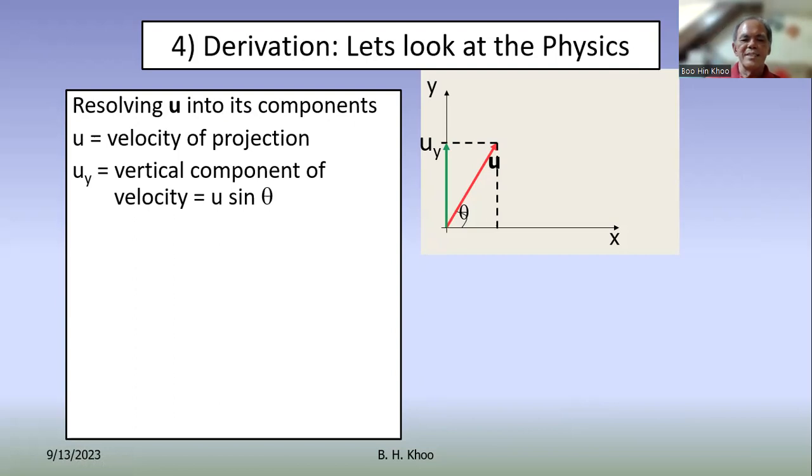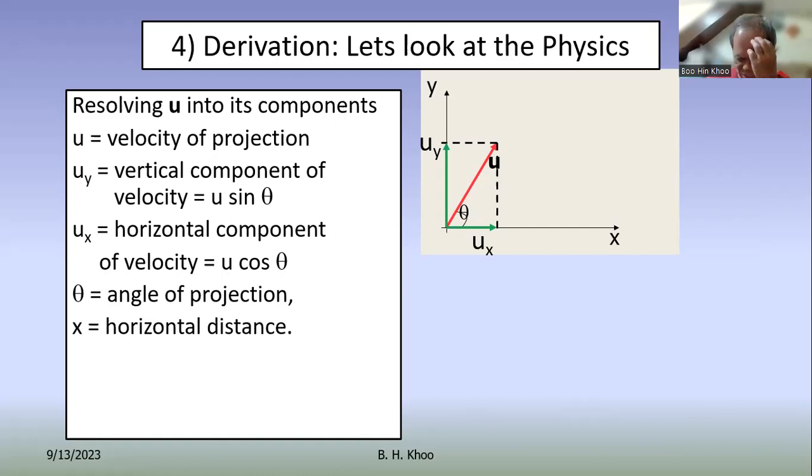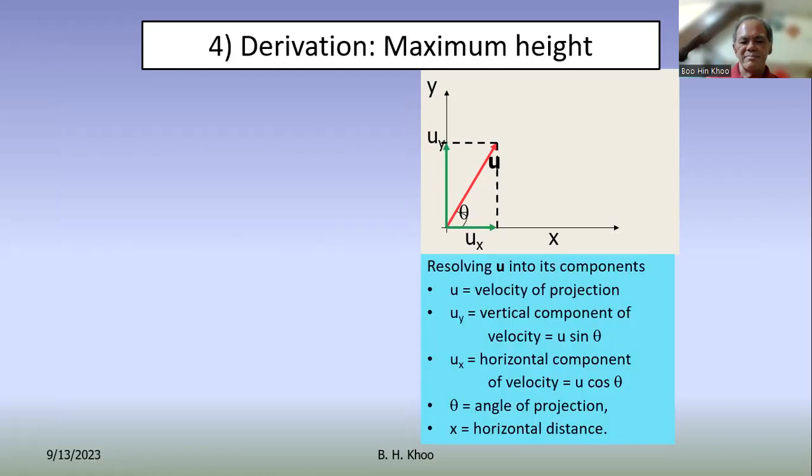This is u sine theta. And this one is Ux, the initial velocity in the x direction, or horizontal component of velocity. So it's u cos theta. Theta is called the angle of projection, the angle at which you shoot your projectile or throw your object. X is the horizontal distance.